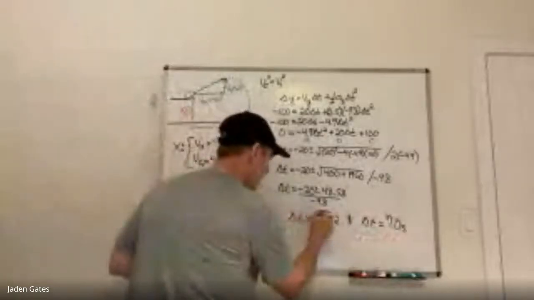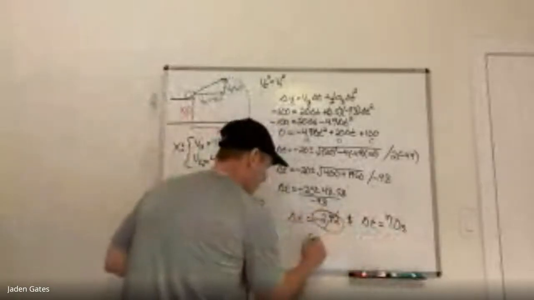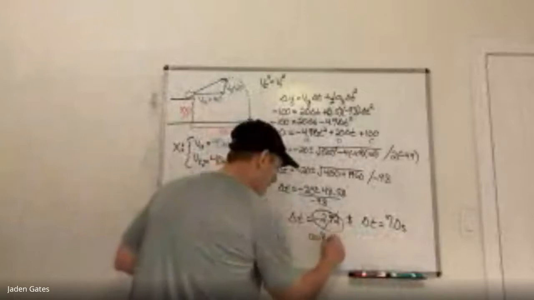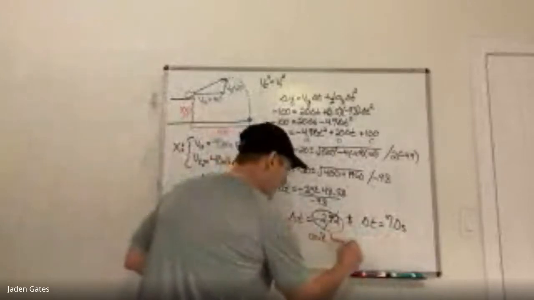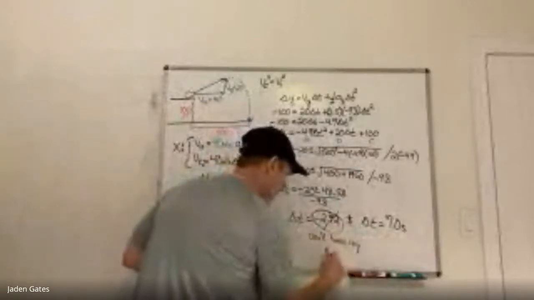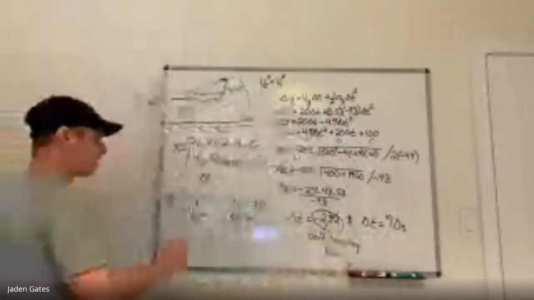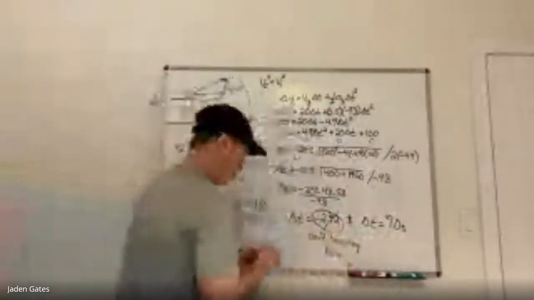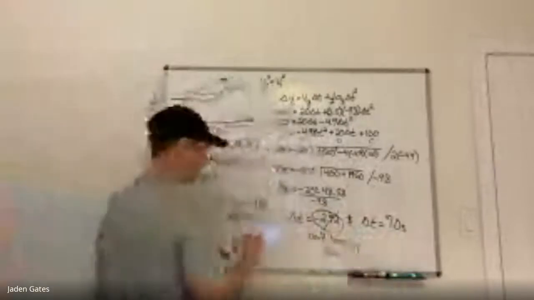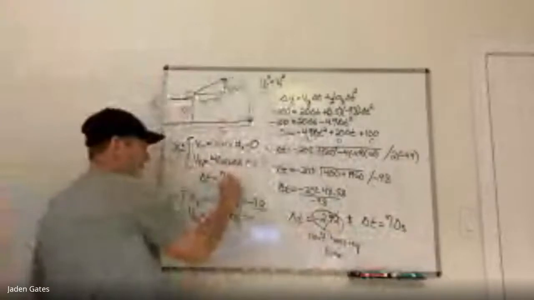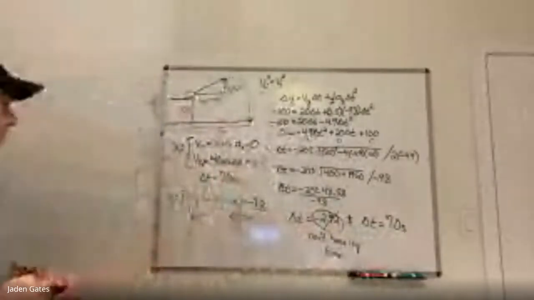And the reason I'm getting rid of this one is can't have negative time. And so our answer, or when this ball lands, I should put this for A. Well, that's actually the whole question anyways. So I got my 7.0 seconds there down for delta t.